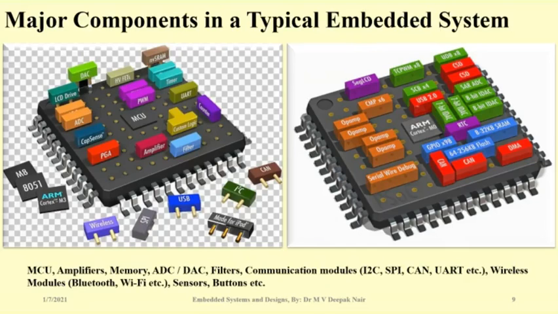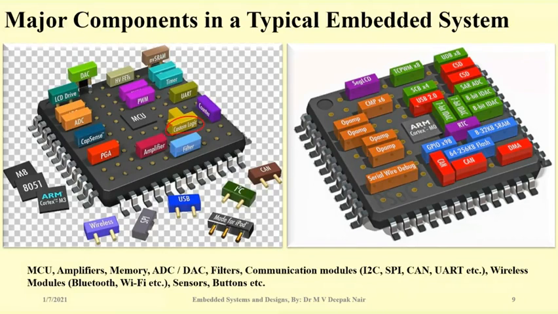Now, major components. What are the components which actually make an embedded system? Of course, we saw the block diagram, which comprises many things. If we go a bit deeper into that, we come across many other blocks, like amplifiers to amplify the signals, filters, and custom logics, which means you have your own logics.